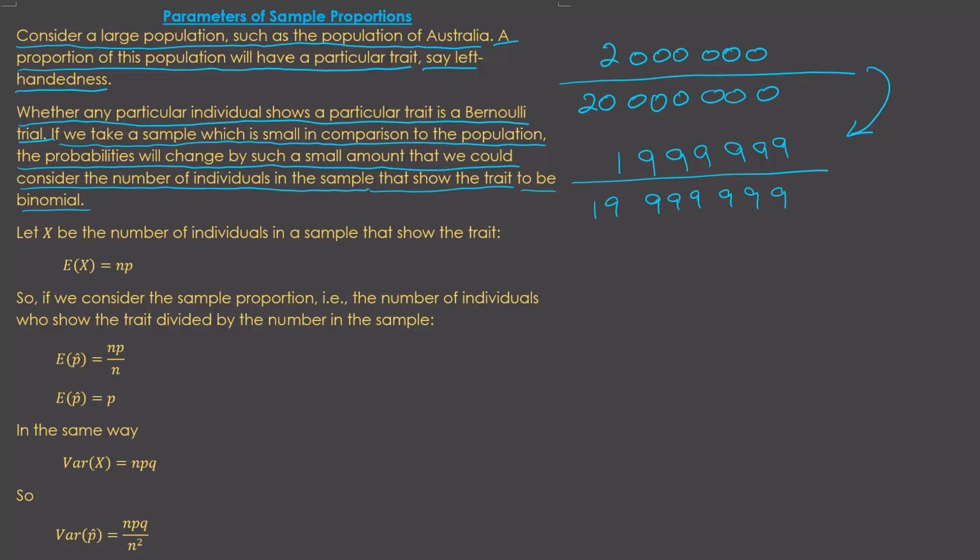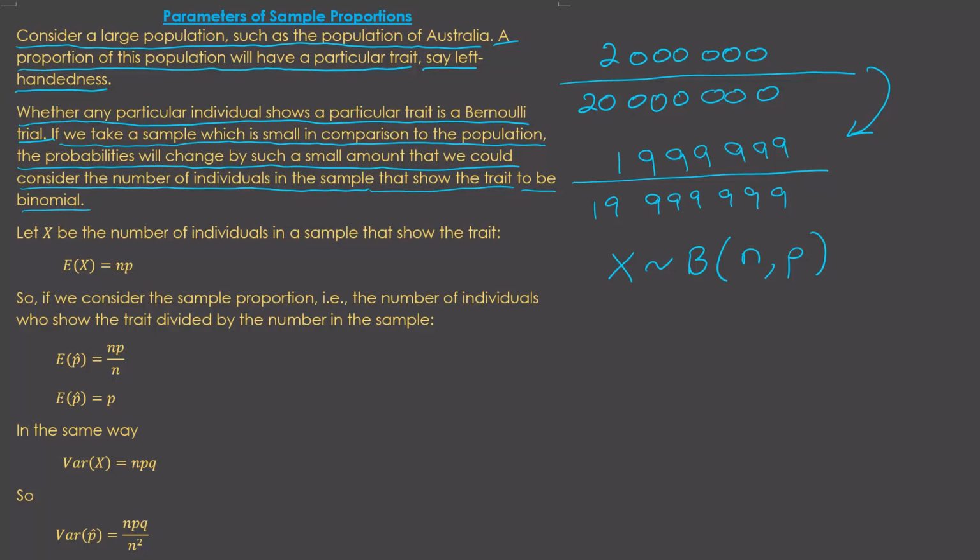So small a difference that we could, for these purposes, consider it to be the same. Therefore, since a binomial is a series of Bernoulli trials, we could say here that we're dealing with a binomial with n people in the trials and the probability of success being p.